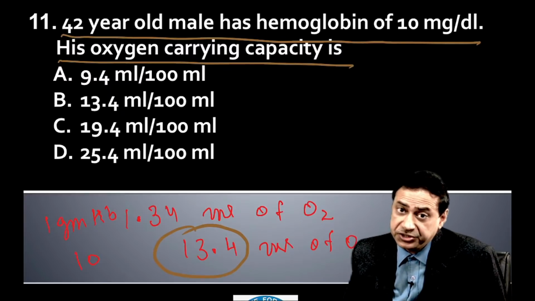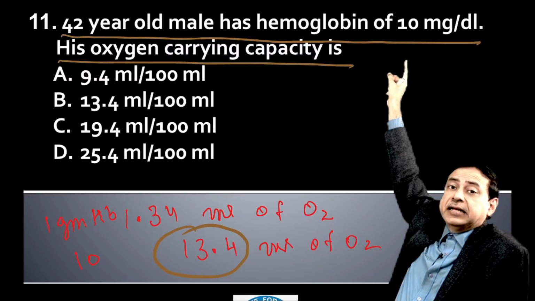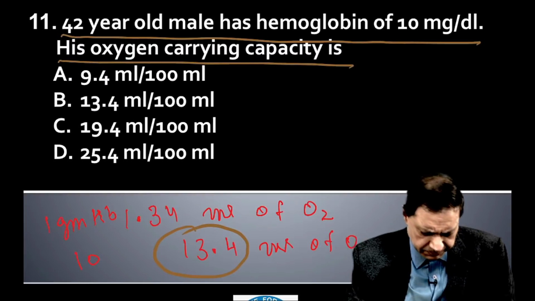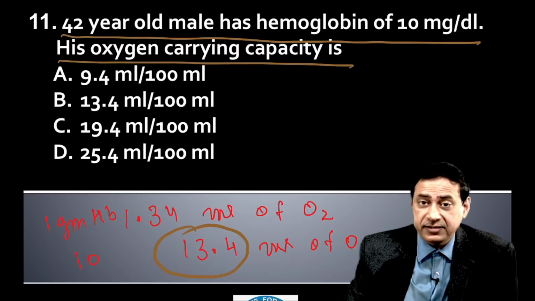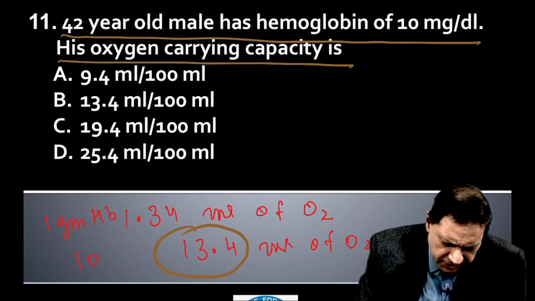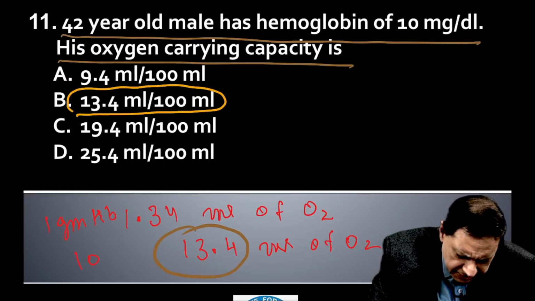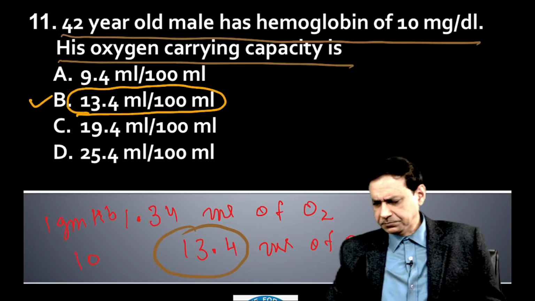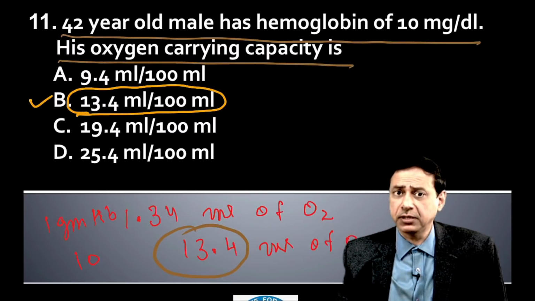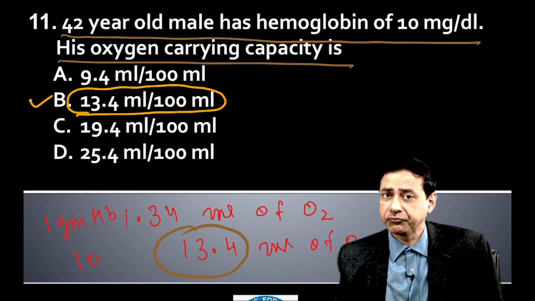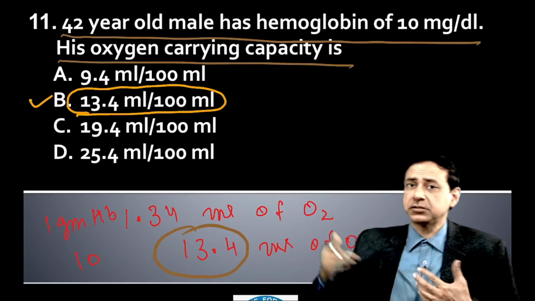1 gram, 1.34. If hemoglobin is 10 gram per dl, it simply means that in 100 ml of blood, you multiply it by 1.34, so it will become 13.4 ml per 100 ml of blood. Normally, my hemoglobin is not 10.